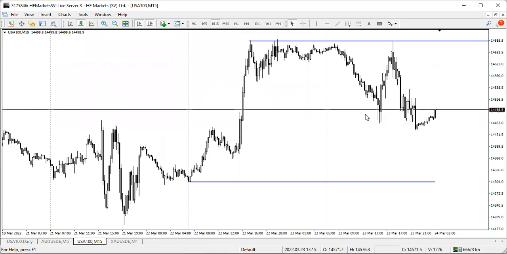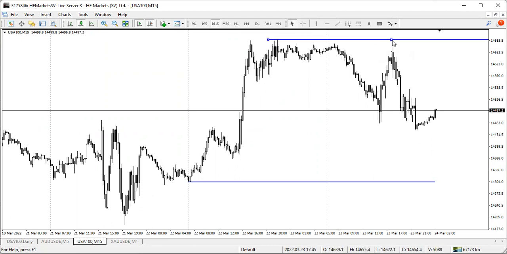So we're looking at this market structure, and this is why today I was saying that the only things I'm expecting are Nas shorts, gold longs, and AU shorts. AU wasn't as clean, which is why I didn't take AU until all the way in the evening. The Nas shorts were great, even though it tried to trick me in the beginning. And the gold longs were even better. So the gold long was this idea.